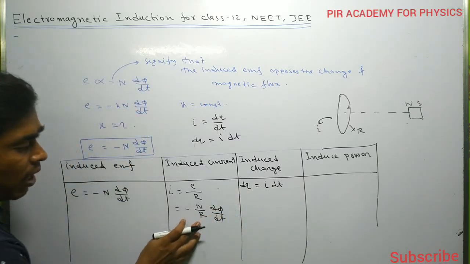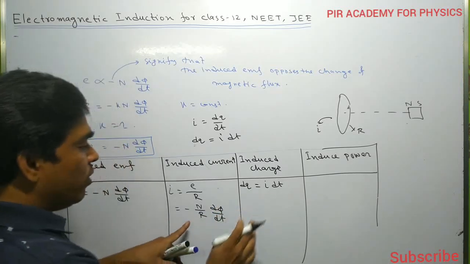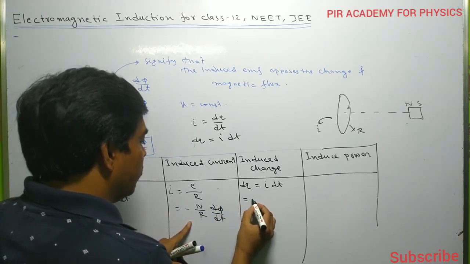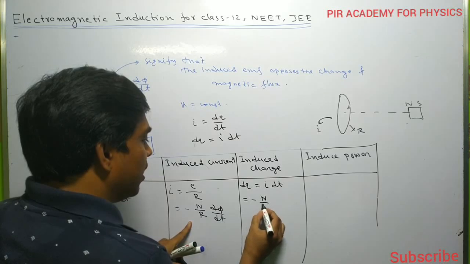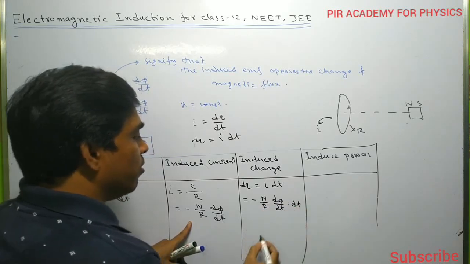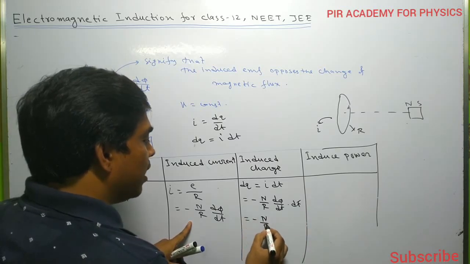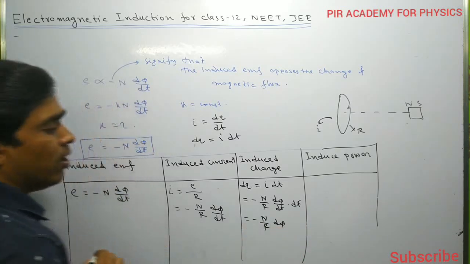You have already calculated the induced current. Here you put this value, minus N by R d phi by dt, and here is also dt. The dt cancels out, that means N by R d phi.